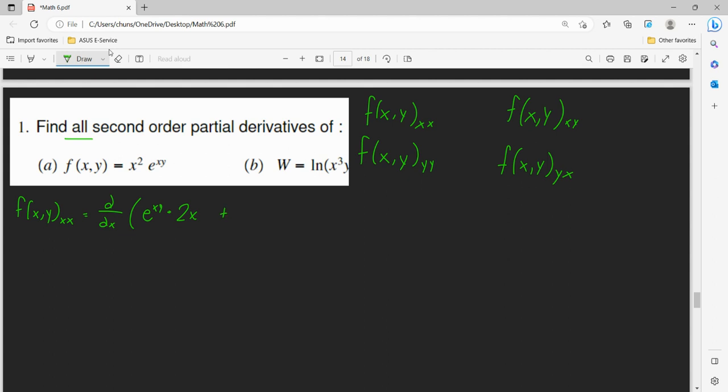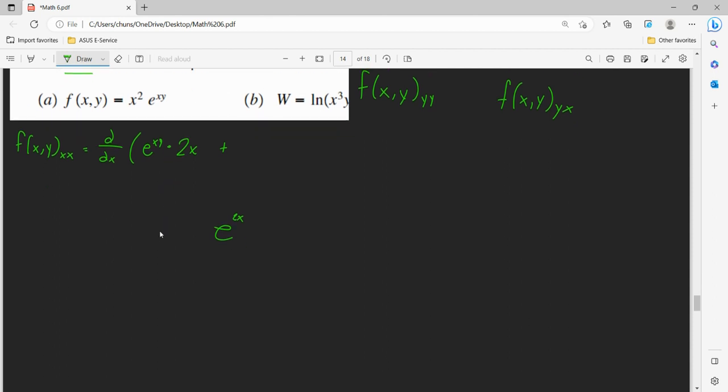And this is plus our second derivative. So this is like saying 2x to the power of 2x, because we're treating our y as if it were just a constant. Right? And if we move this down, we will get the derivative.